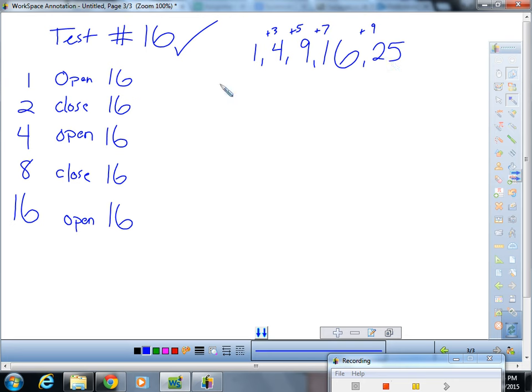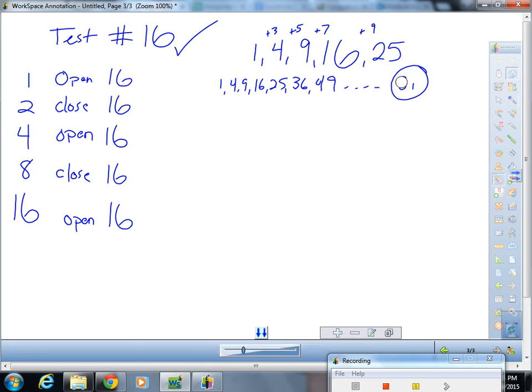So now we know that the open lockers will be 1, 4, 9, 16, 25, 36, 49, all the way to the final open locker, and that's the biggest perfect square that is less than 1,000, and I believe my memory tells me that is 32. Nope, 31. That's right, all the way up to locker 31 squared, which is 961, the final locker that is open.